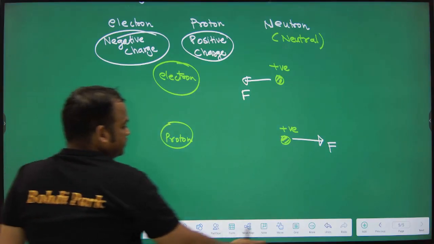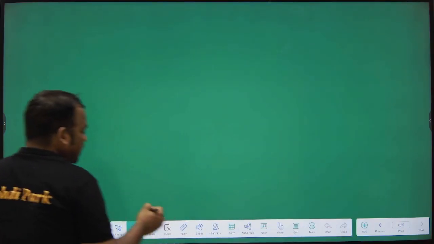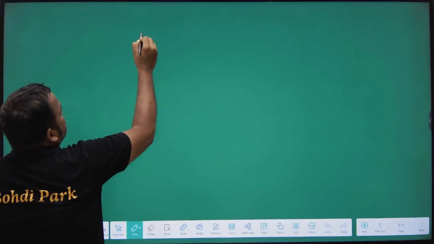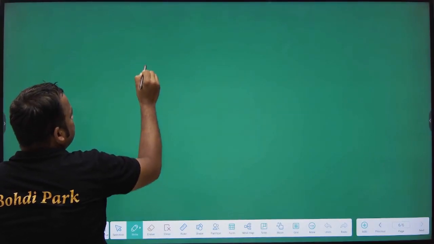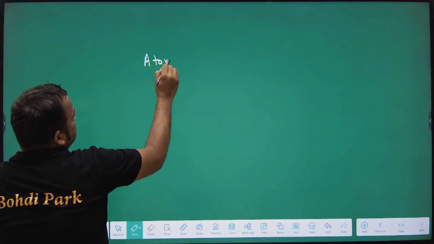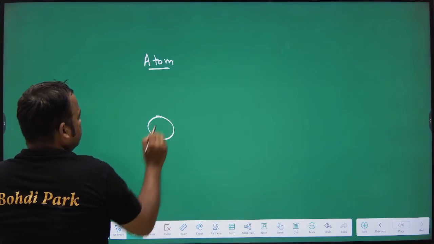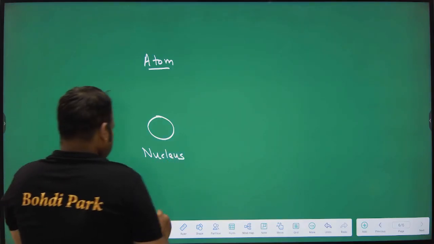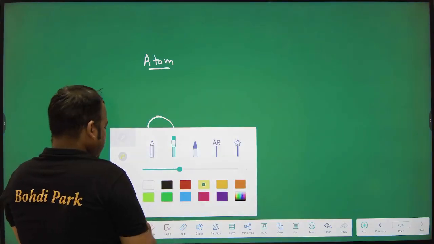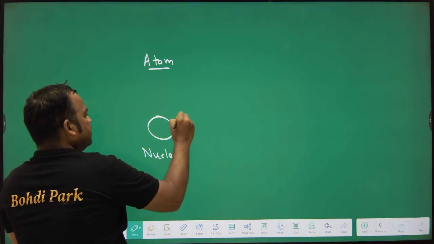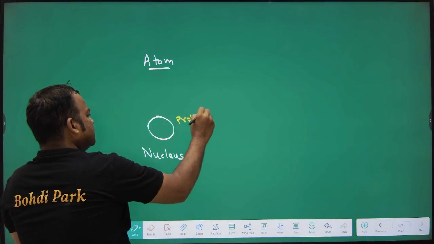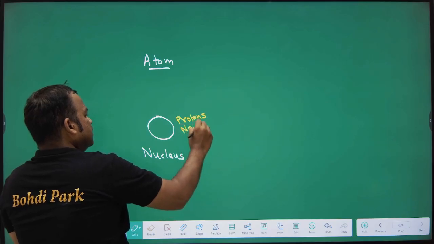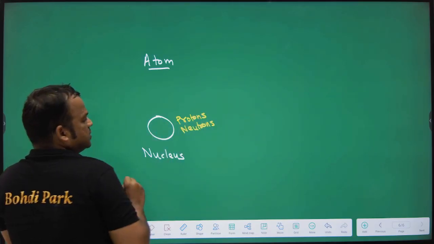But we are studying charged body. So what do you mean by charged body? Let's talk about atom. We have a nucleus, and inside the nucleus we have protons and neutrons.